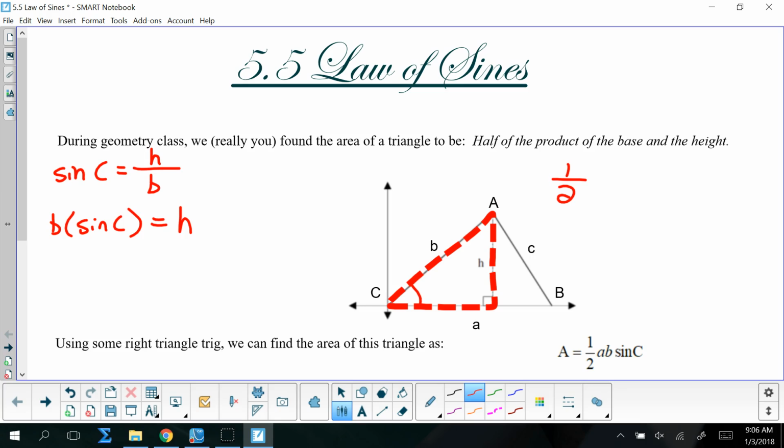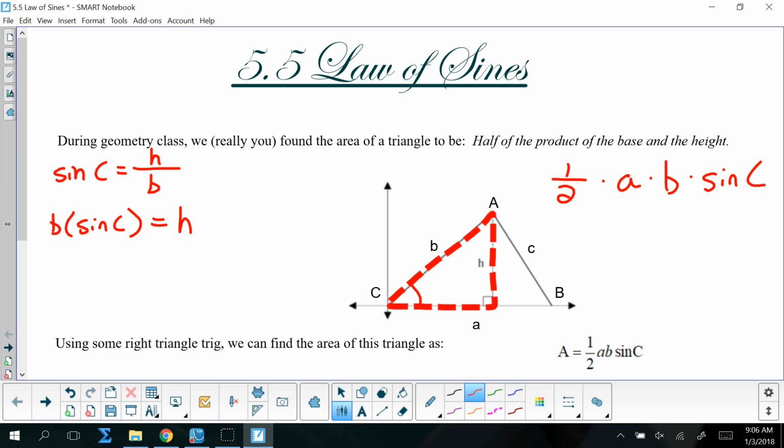So now if I'm looking at the big triangle, the base is A, and the height is B times the sine of C. Why is that B? The height is not B, the height is B times the sine of C. We just found that over here on the left side. Okay? Right? Then I went to the big triangle for the right side.